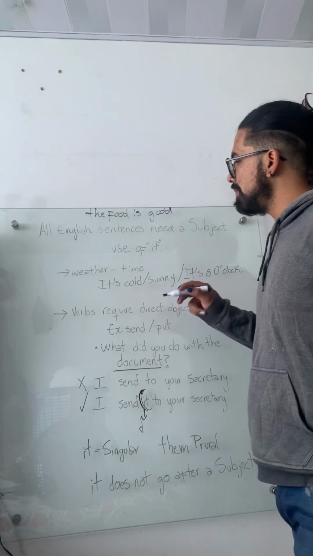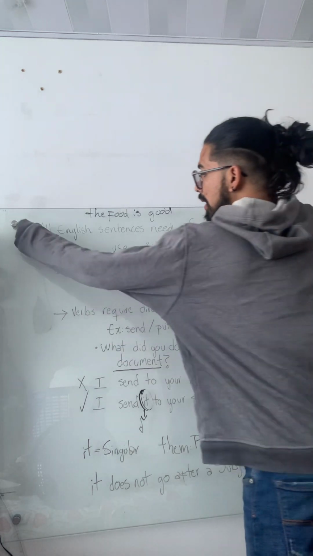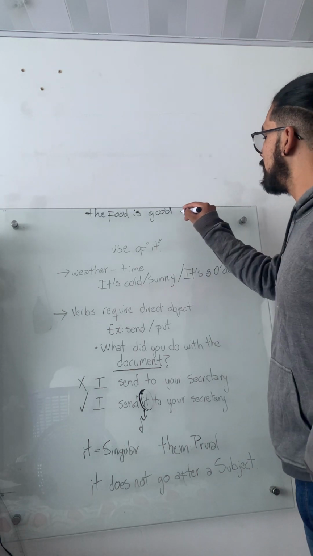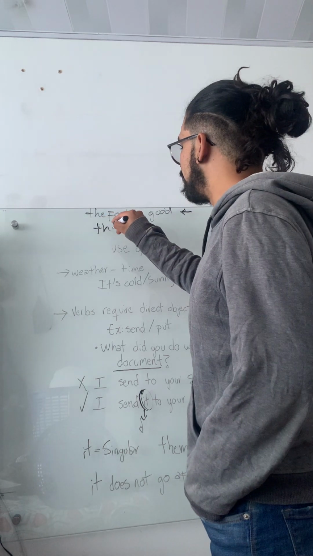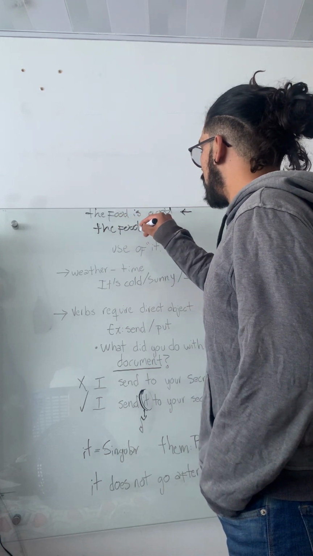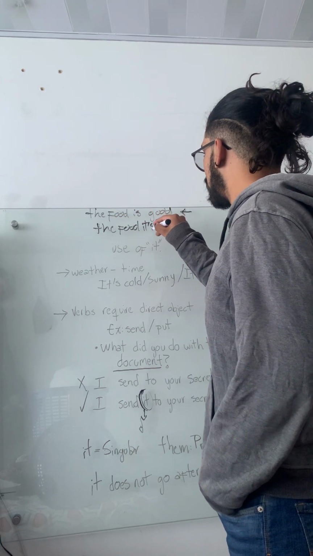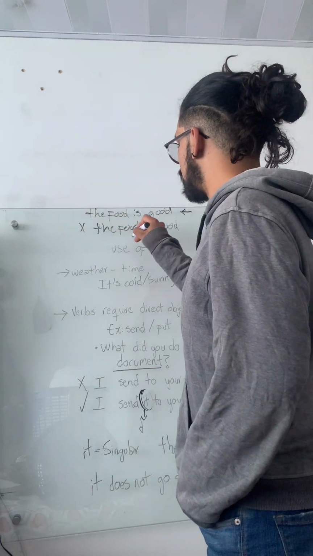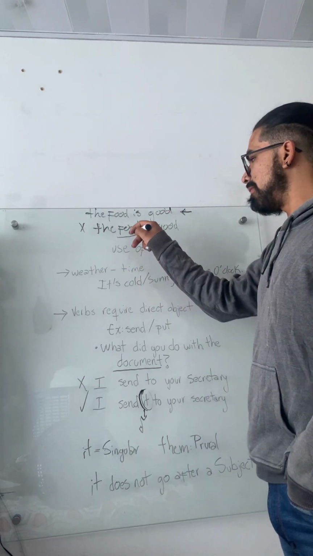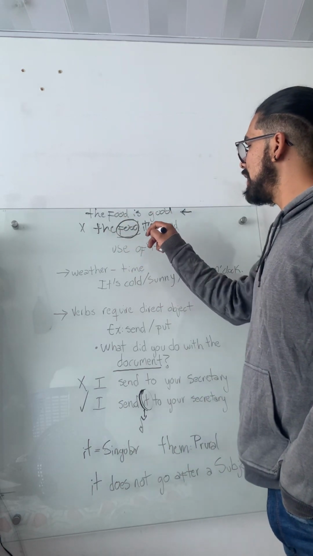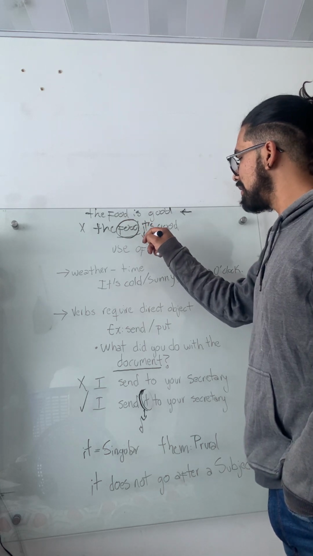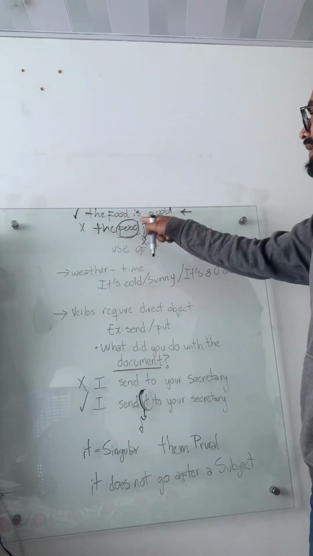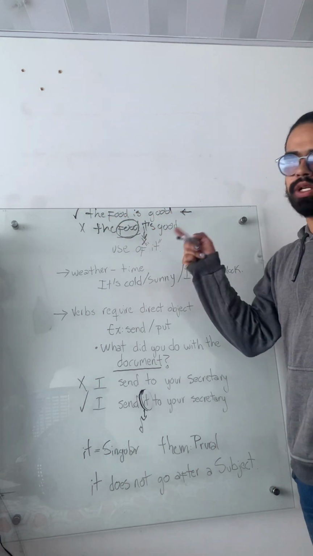Most of the time when people are learning, they can confuse this and say something like, "The food it is good," which is wrong because this sentence already has a subject, the food, right? So we don't need to use "it" again. The right way to do it would be the one on top: The food is good, without the word "it."